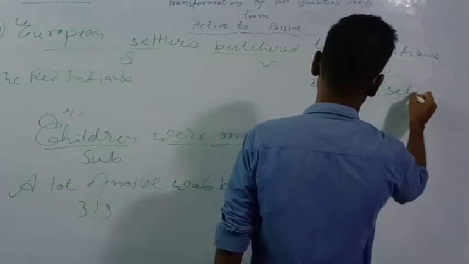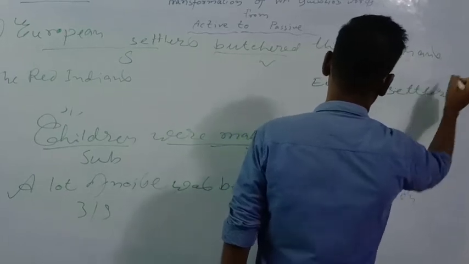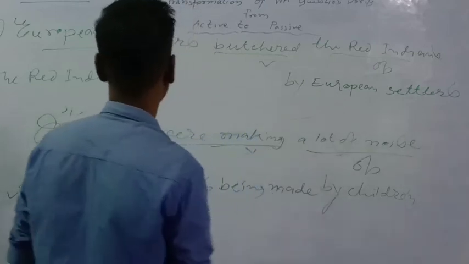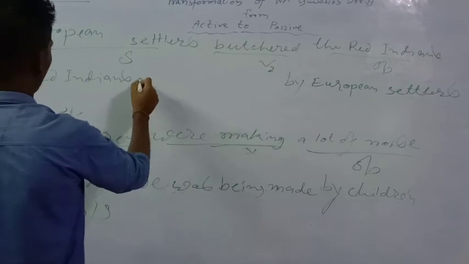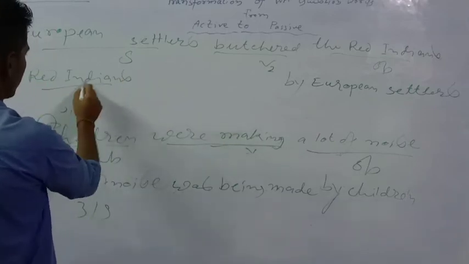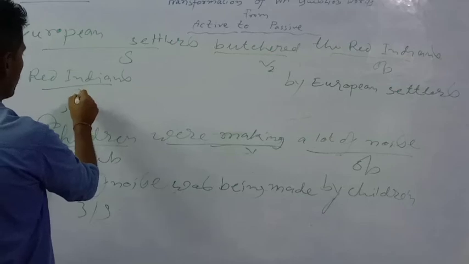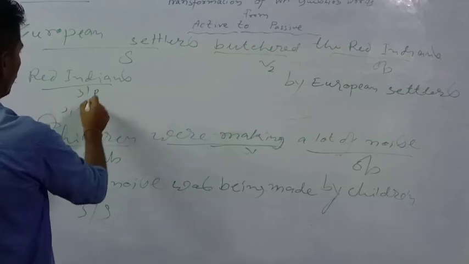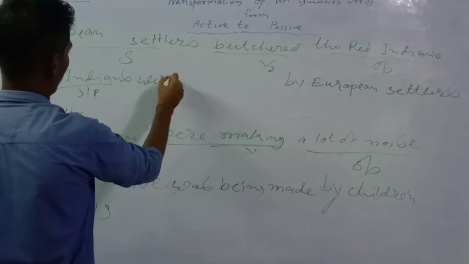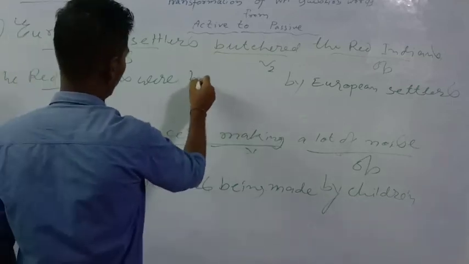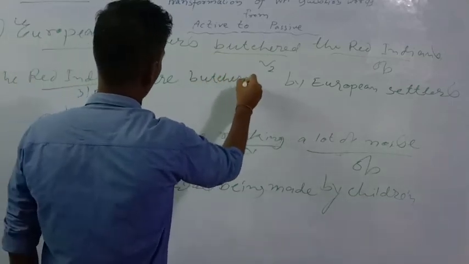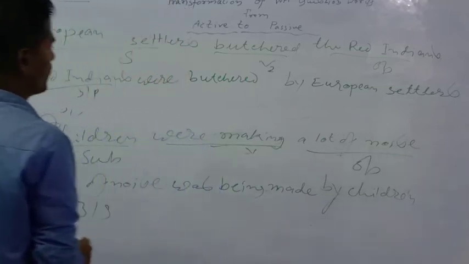European settlers. Here by, we two. So was or were? The Red Indians, it is third person plural. Since the subject is plural, the Red Indians, S is there, plural, so were. Then we three. Butchered by European settlers.